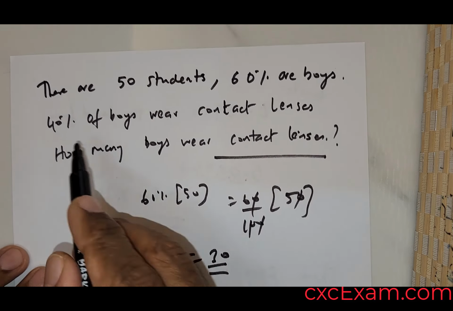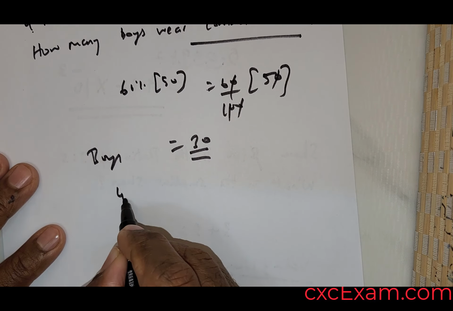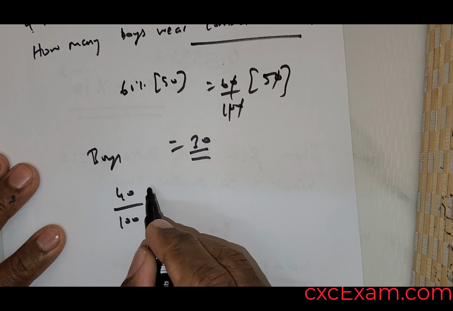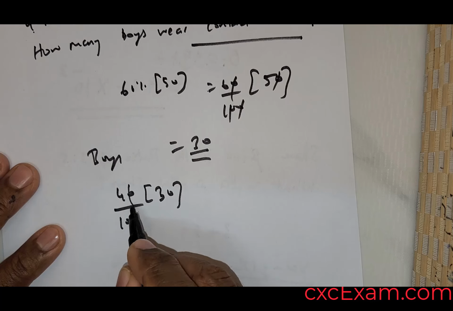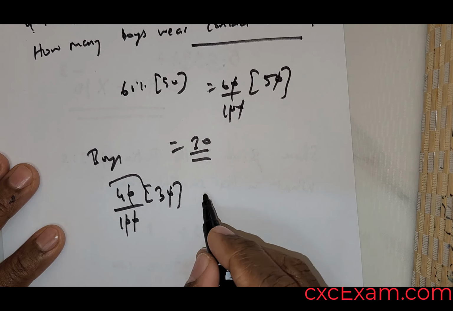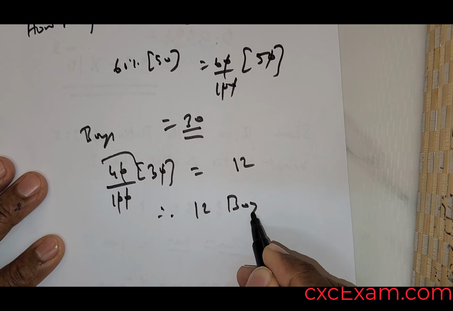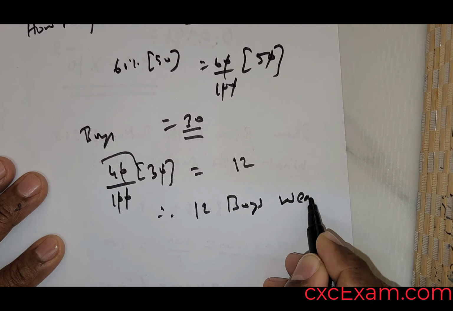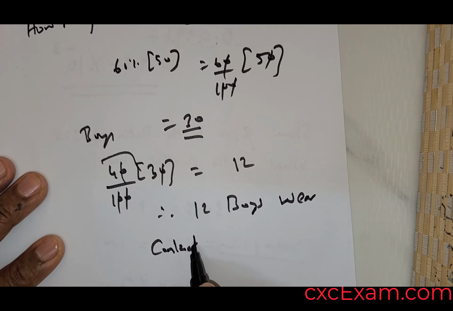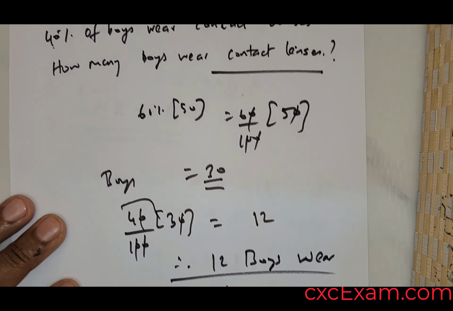And out of this 30, you have 40% of the boys wearing contact lenses. So 40 over 100 of 30. So 0 gets cancelled. 4 into 3 is 12. So therefore 12 boys wear contact lenses. Okay, so that's the answer to this question.